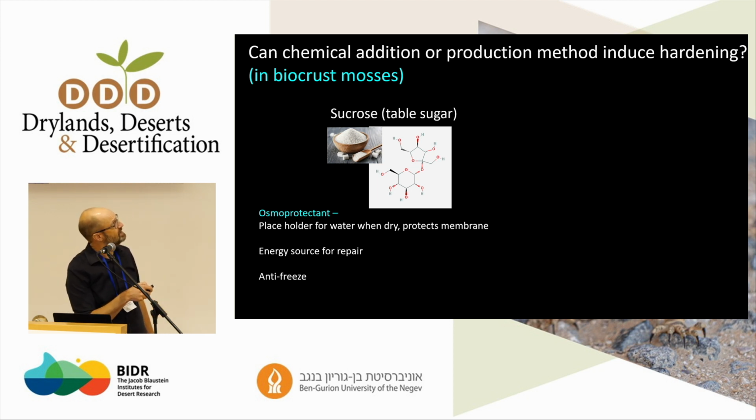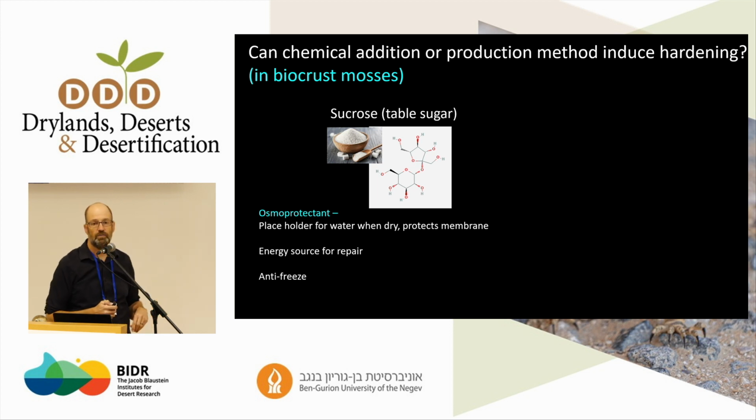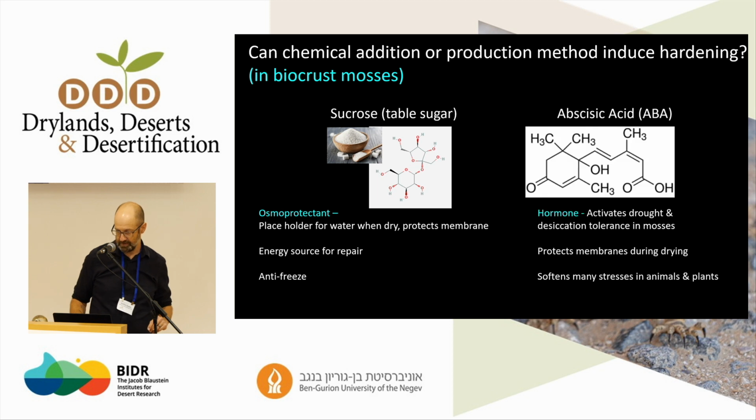And that's because in desiccation-tolerant moss biocrusts and mosses, the sugar is sort of a placeholder for the water when the organisms dry out. These organisms dry out regularly. And this prevents damage to the membrane and keeps the organism intact. And it's also an energy source for repair, and because it's a solute, it has antifreeze properties as well.